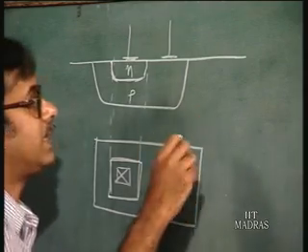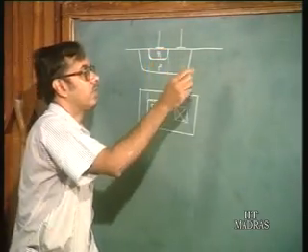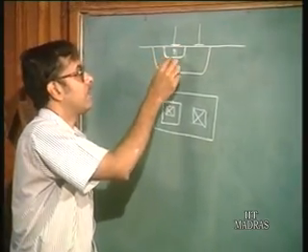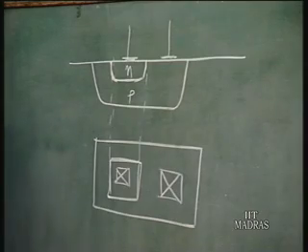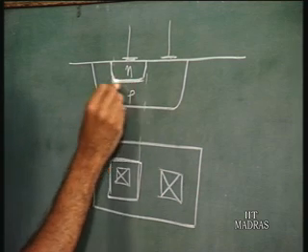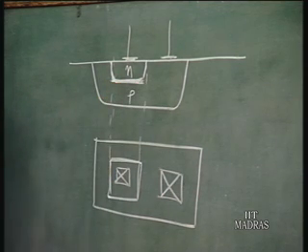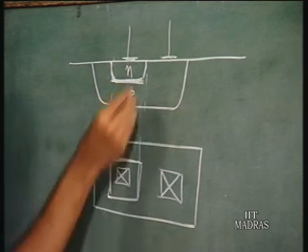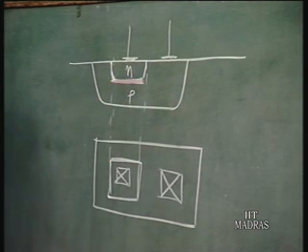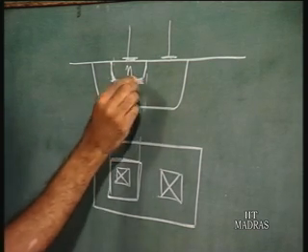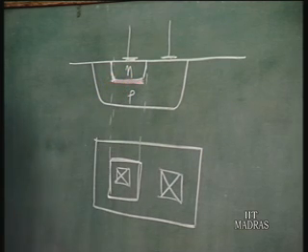Now this capacitance we can break up into two parts. One is due to the charge stored in this region, this part of the junction, which is called the plane region of the junction.